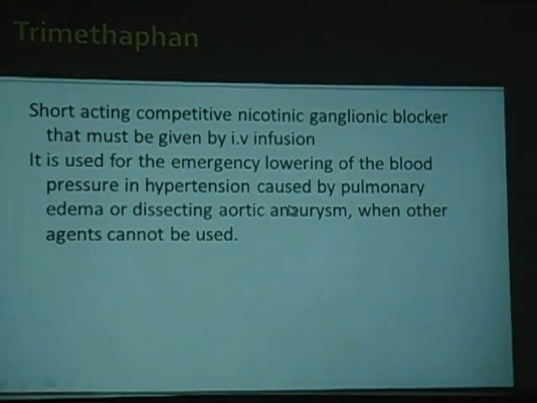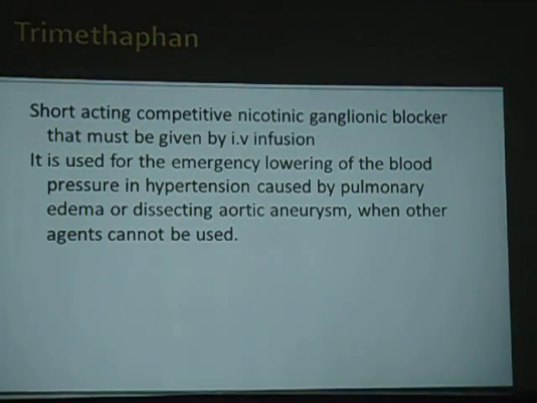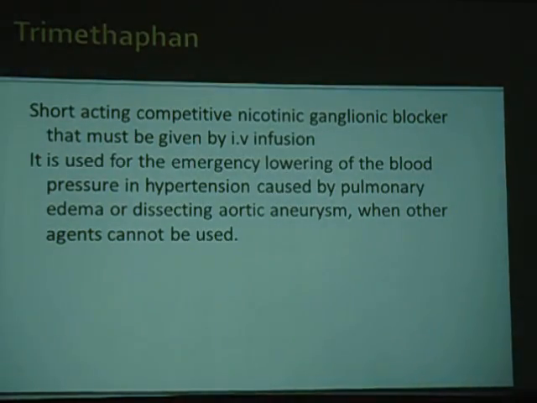What do you mean by dissecting aortic aneurysm? Have you heard of this? Dissecting aortic aneurysm means where the aortic wall, there is intima, media and external. Okay, so what can happen?